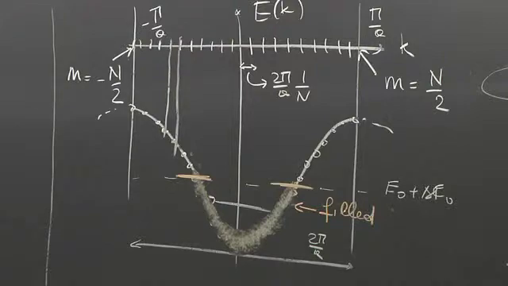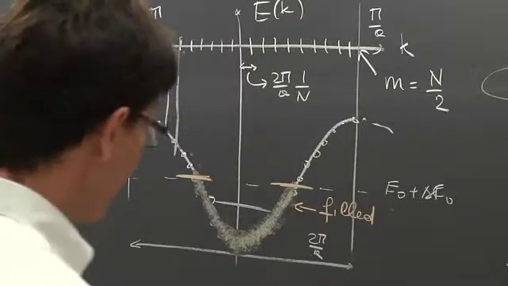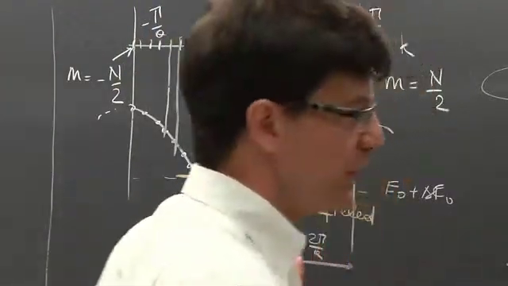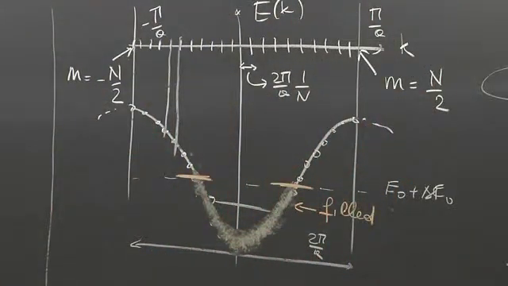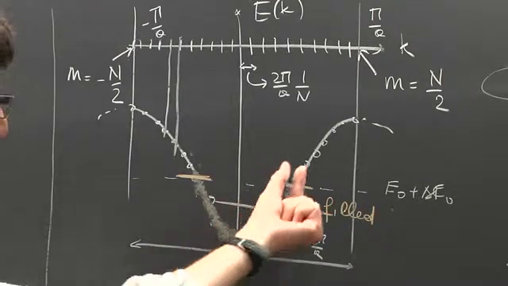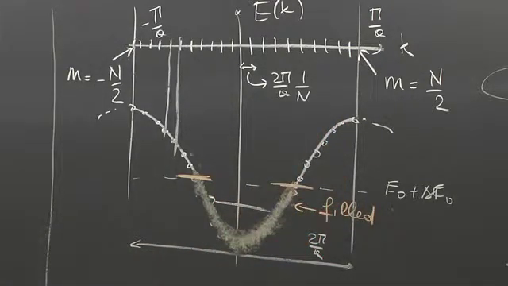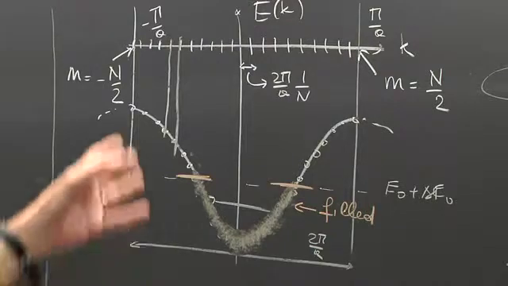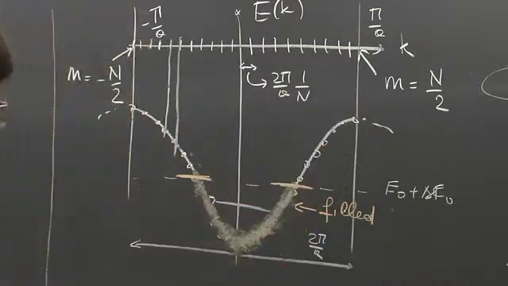Up to this point. And the other states will be empty. Now, sending n to infinity doesn't change the picture qualitatively. It just makes the separation between these states finer and finer, but there's no reason why our discussion will change if n is infinity.